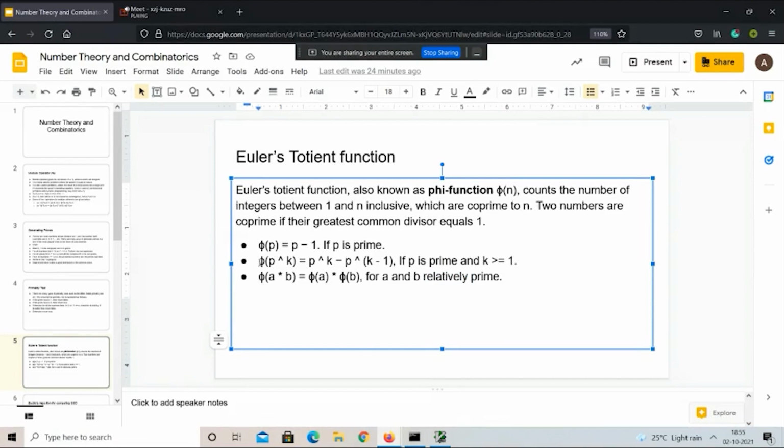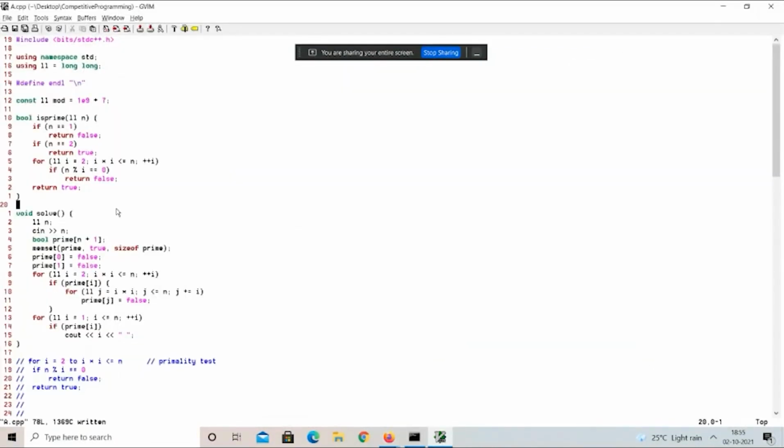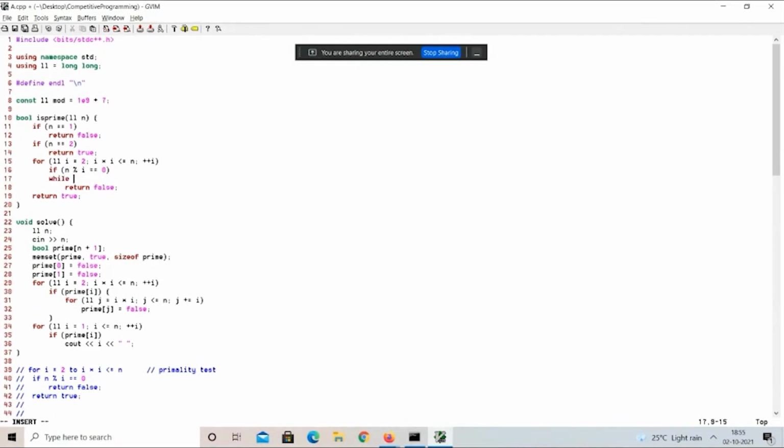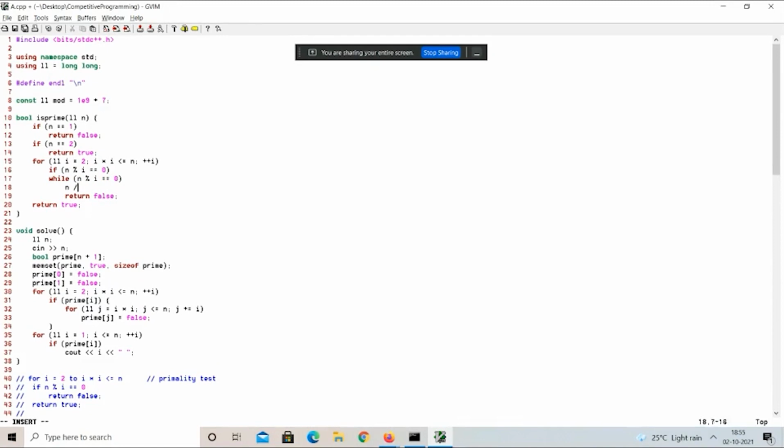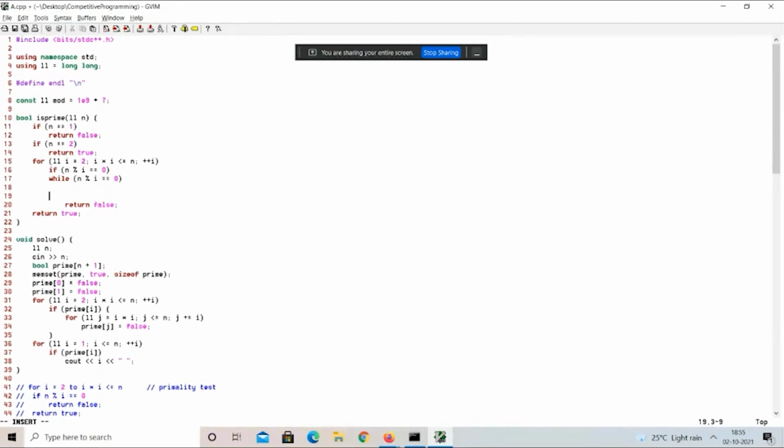And the code is similar. The only difference is that you check this number, and if n modulo i is equal to 0, just divide by it, do this continuously and add it to the result.